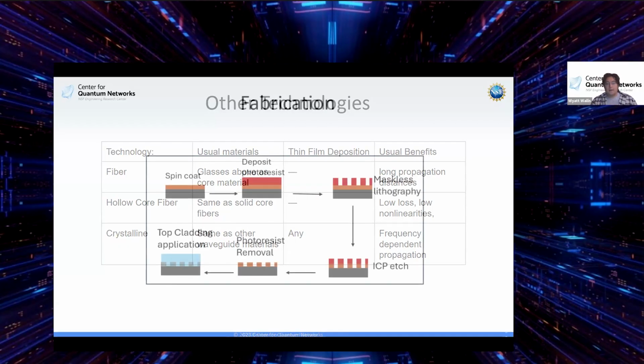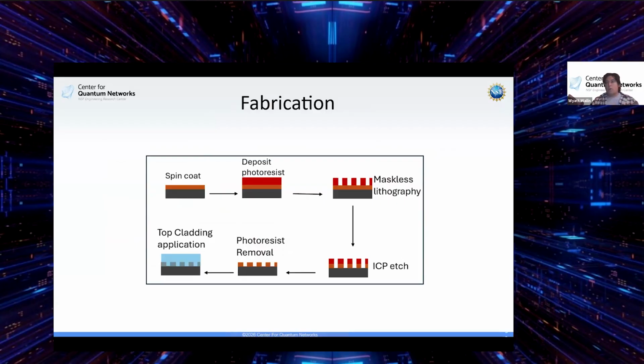So now, going into the fabrication. You've picked your material, you've picked what type of waveguide you want to make. Now we want to make it. The diagram I have here is actually from a poster that I've made. It goes through the basic idea of a photolithography process, specifically a maskless photolithography process.